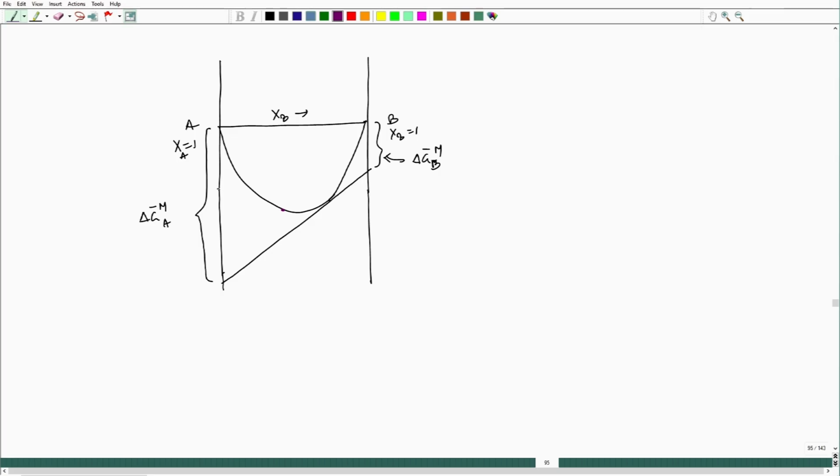So, I have to draw a tangent here. Then in that case the value would be, so this is the composition I am taking. So, initial composition, the previous composition was this. So, now here the value would be, this is the quantity for delta G.